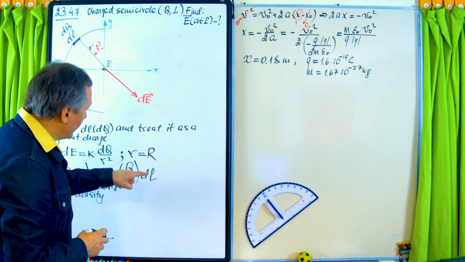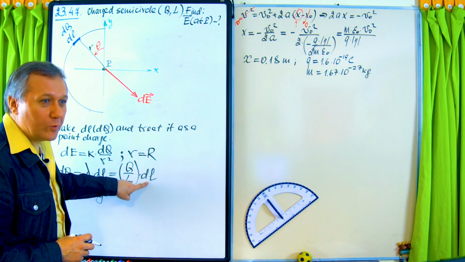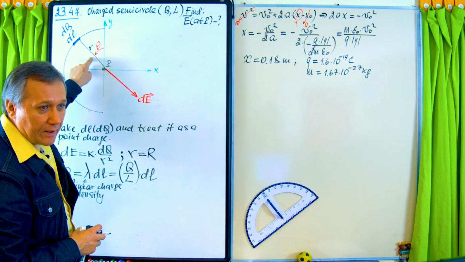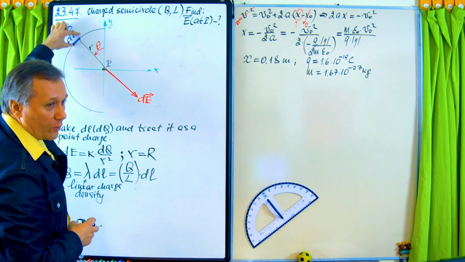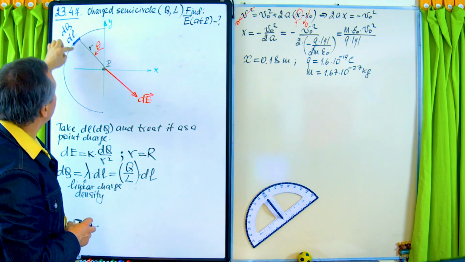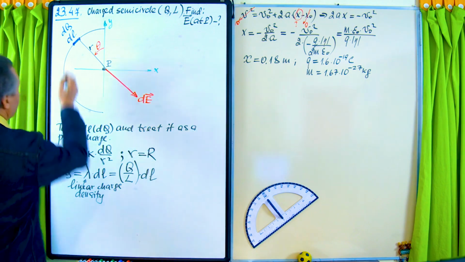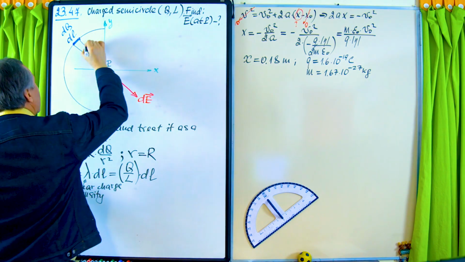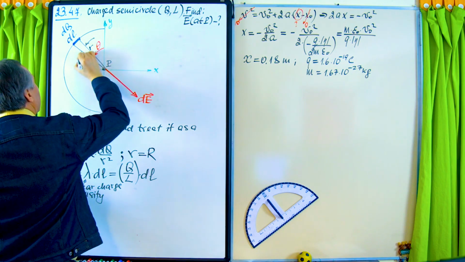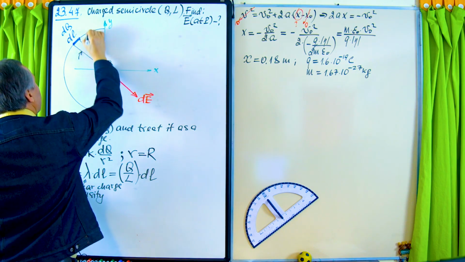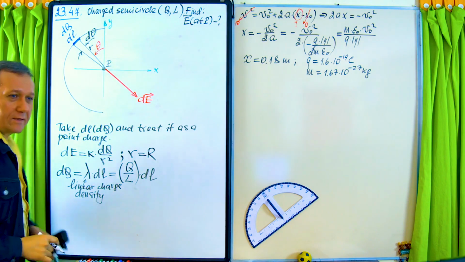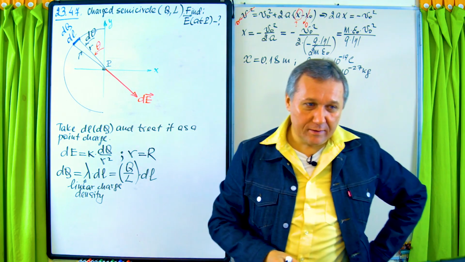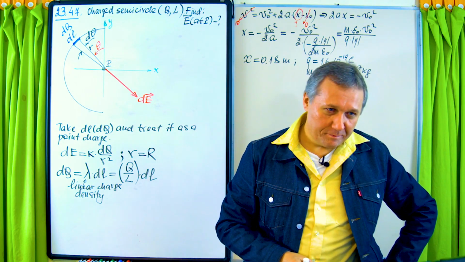And so we need to connect dl with d theta. Again, let's see on the picture where d theta is. So this is dl. Of course, d theta must be an angle which supports this dl. If I draw this line, so this will be d theta, this infinitesimal small angle d theta, which supports that arc length dl.